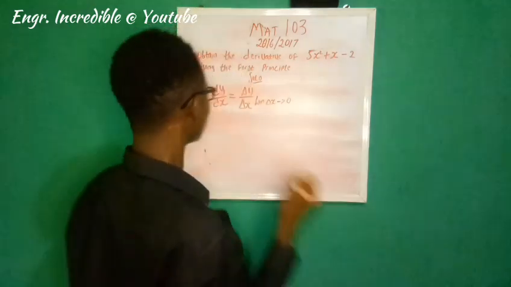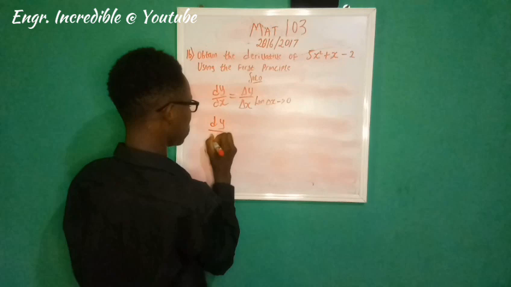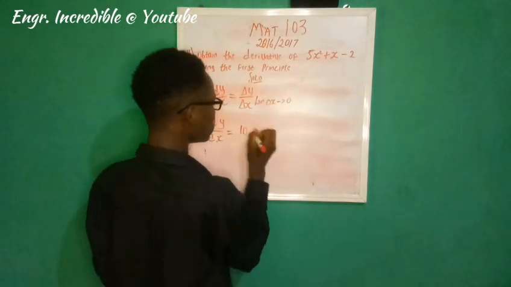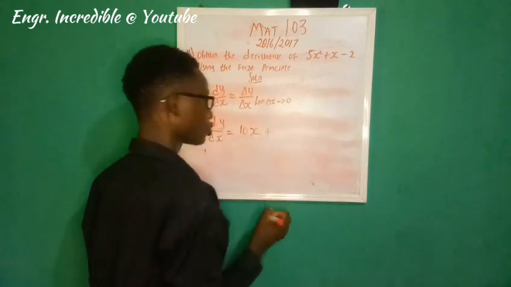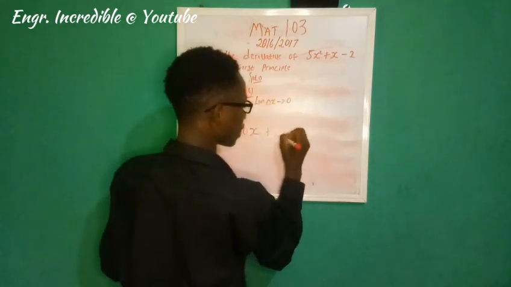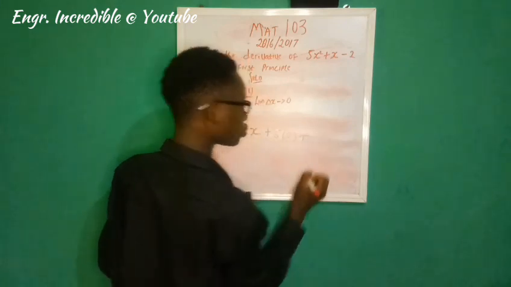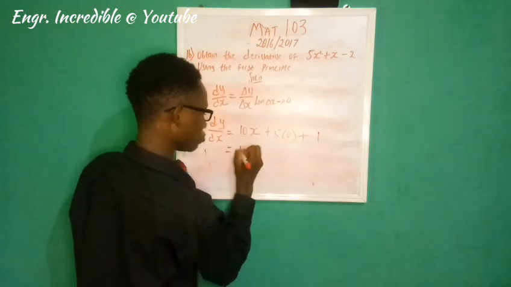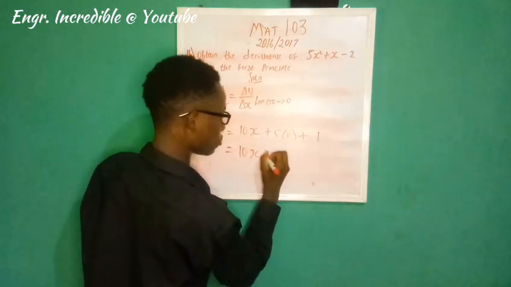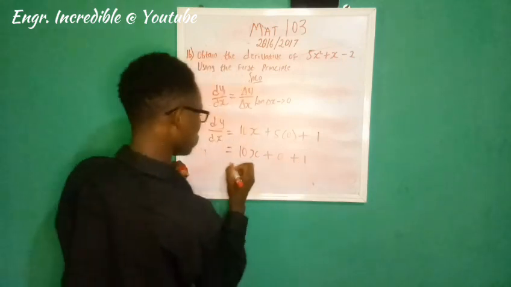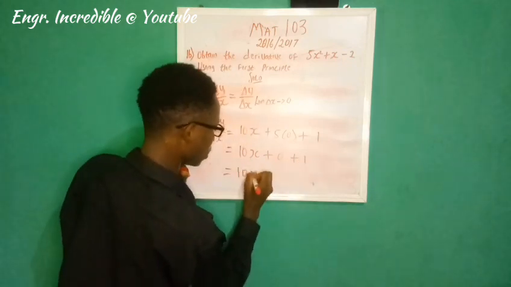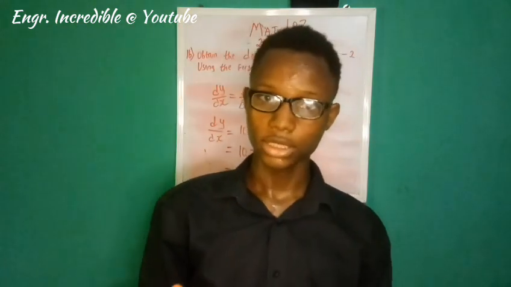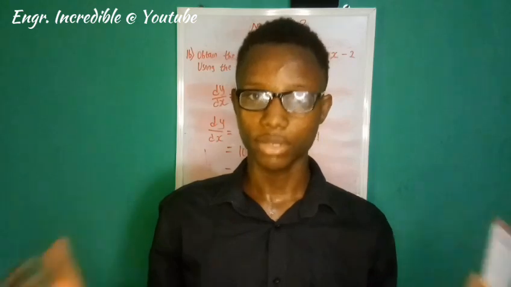So that means dy dx is equal to 10x plus 5 times 0 plus 1, which will be equal to 10x plus 0 plus 1, which will be equal to 10x plus 1. Now this is how to differentiate using the first principle.